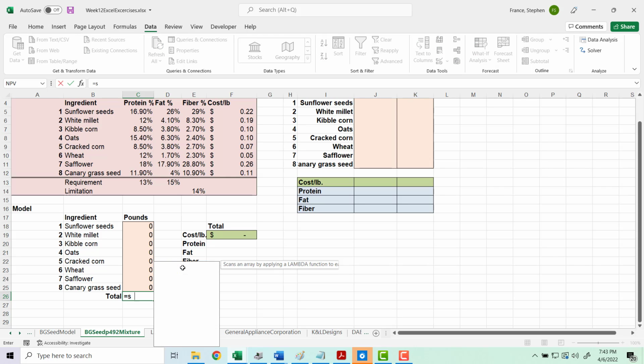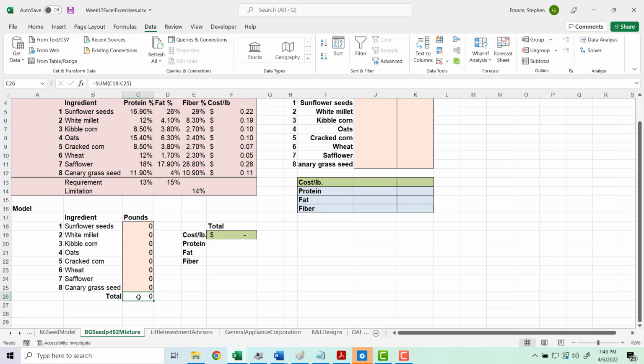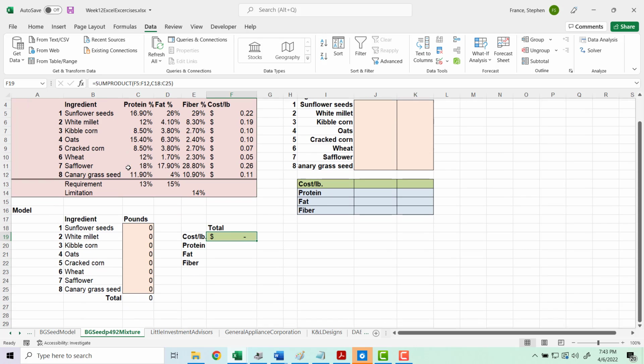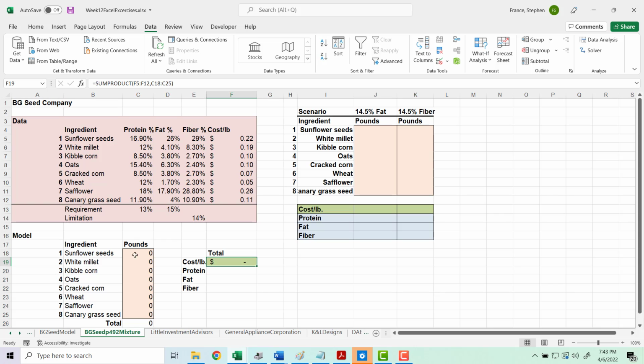So let's have a total cell here that sums all of these up. And when we get to Solver, we can set this to 1 for 1 pound. Now, we need to find the cost of this pound. We would have our pounds here and multiply it by the cost of the pound.